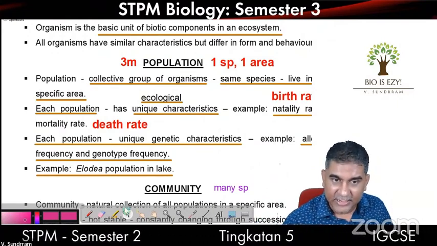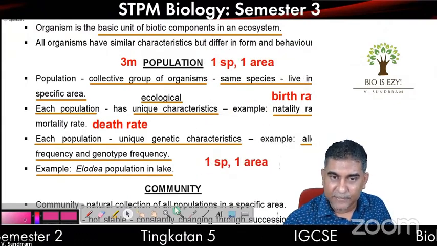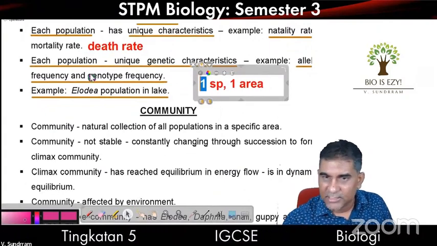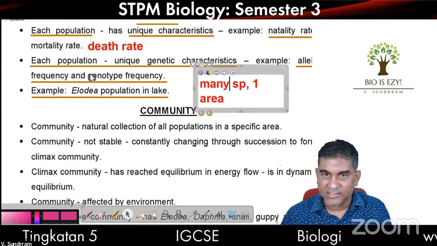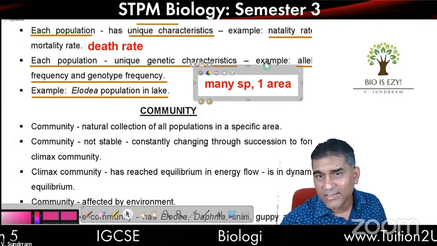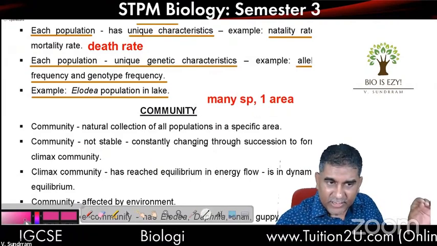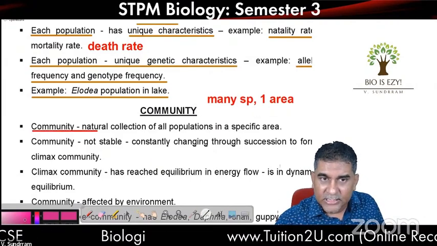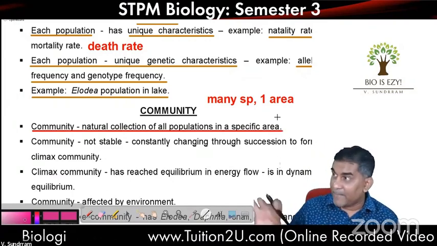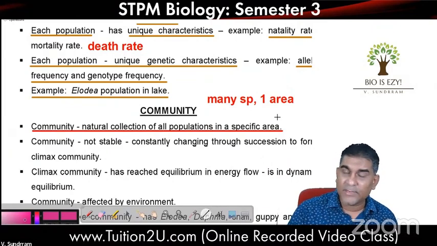That is the next definition. Basically, it's many species in one area. When many species live in the same area, they are going to interact with one another. So community definition: natural collection of all populations in a specific area. Many populations in one area. Many populations means many species.